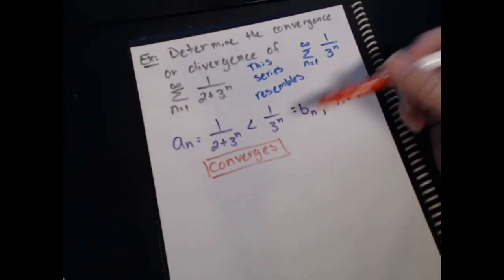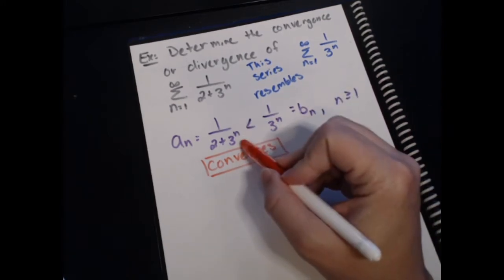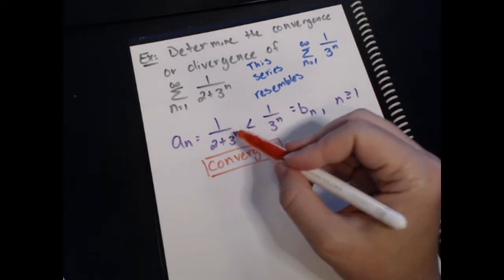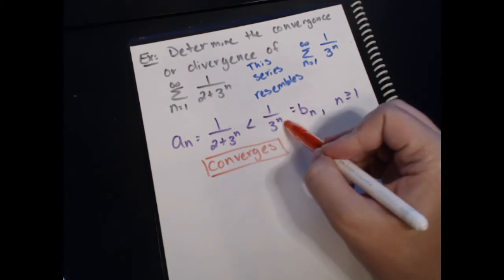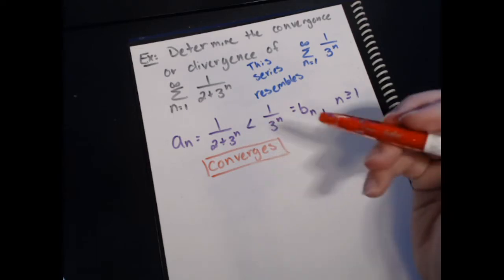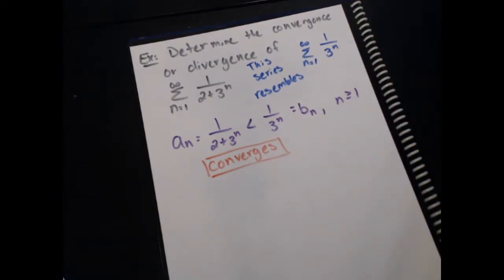Again, if the larger series converges, then the smaller series converges. If the smaller series diverges, then the larger series diverges. They go hand in hand, so really you're only solving the one that you know from before. Yeah, that makes sense. Okay.